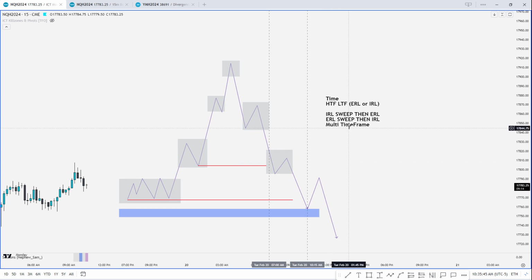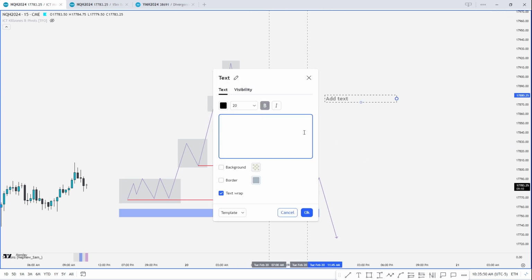This is the framework we're really going to use. So we're going to ask ourselves, okay, where's the higher time frame draw? This is the checklist we're going to go through every single time we want to frame a trade setup based on whatever the model is. So higher time frame draw, it's either going to be a liquidity point or imbalance. We're going to look at, okay, where's the MMXM and where's the second stage of distribution going to happen?